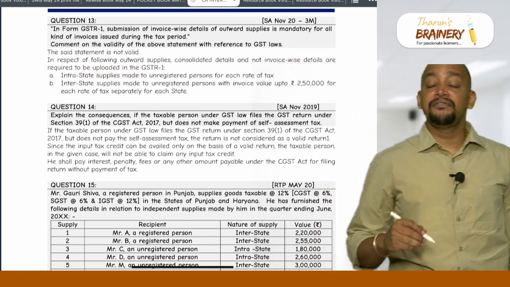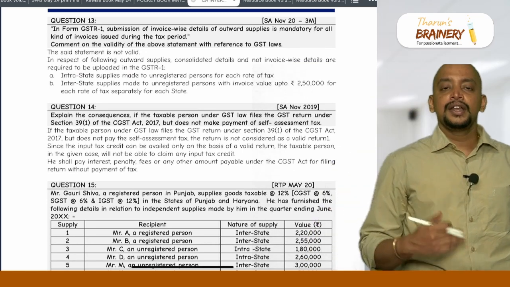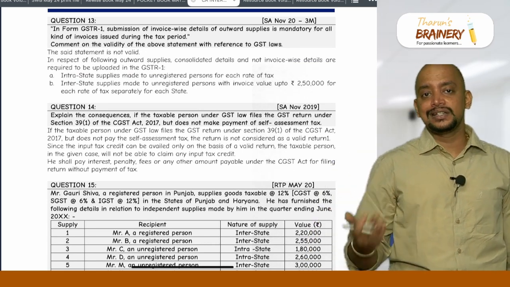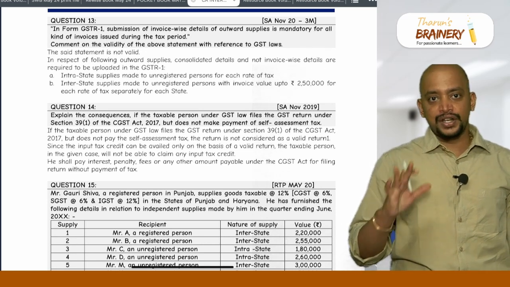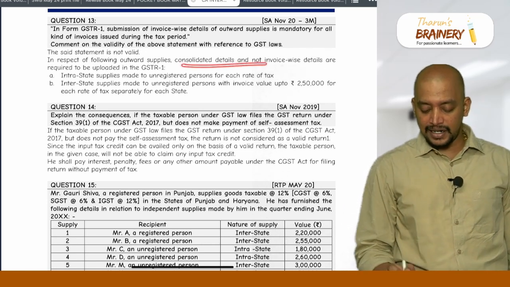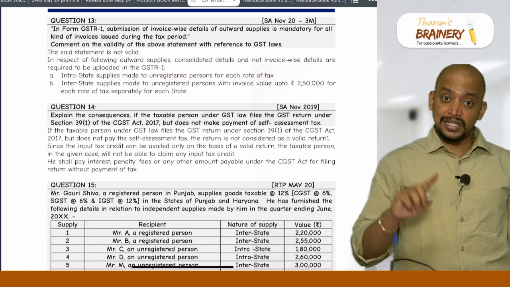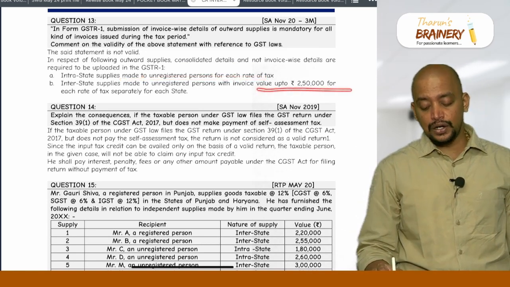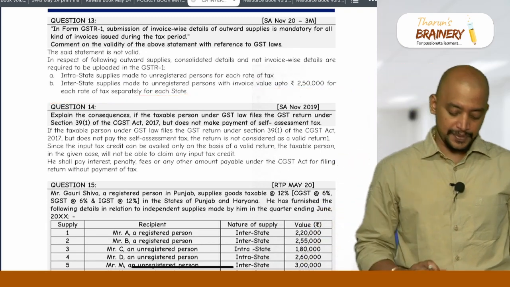So it is not every time invoice-wise; in a few cases, invoice-wise details are required. What are those cases? B2B is invoice-wise, but consolidated for B2C intrastate, and B2C interstate where the invoice value does not exceed 2,50,000, also with state-wise consolidation.